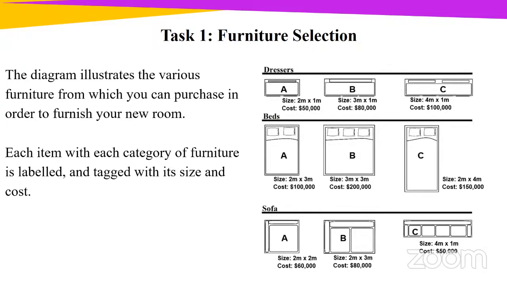Remind me of the M again. Meter. Okay, so you're going to say it like that for me now. 2 meters times 3 meters. And the cost is $100,000. All right, thank you. So again, students, looking at the furniture listing, which of the beds would be most expensive?